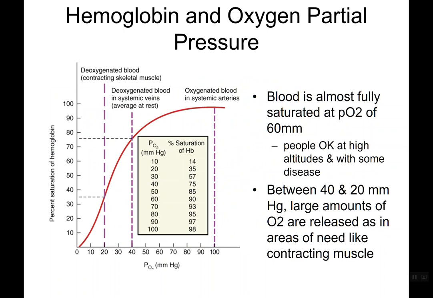So, hemoglobin and oxygen partial pressures. So this is the percent saturation of hemoglobin, which is another way of saying how many O2 are bound to Hb. So 100 means all of your hemoglobins have all of the possible oxygens on them.